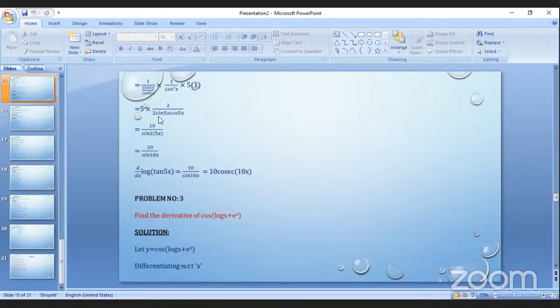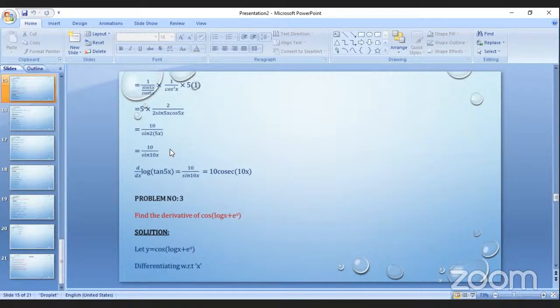In place of theta, we have 5x, so sin 2 into 5x, which is sin 10x. So we get 10 by sin 10x, written as 10 into 1 by sin 10x.